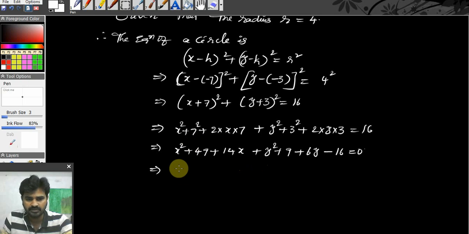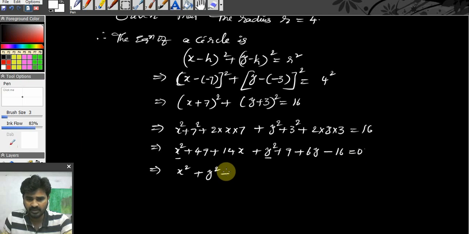So first, x square. Here x square is there, there is no other x square. Next the x into y term, there is no x into y term in this equation, that's why we go for the next term, what is that? y square.